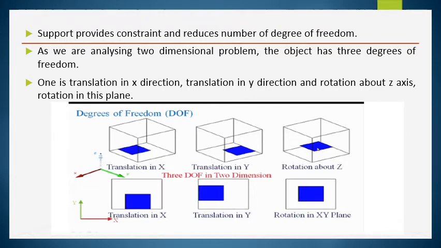Here we are considering only two-dimensional problems, so the object has 3 degrees of freedom. It can move along the x direction, that is called translational motion. It can move along the y direction, and it can rotate about the z direction, that is the rotation in the xy plane.